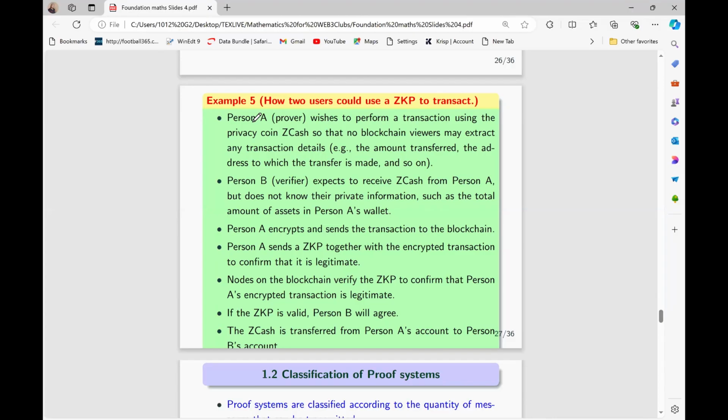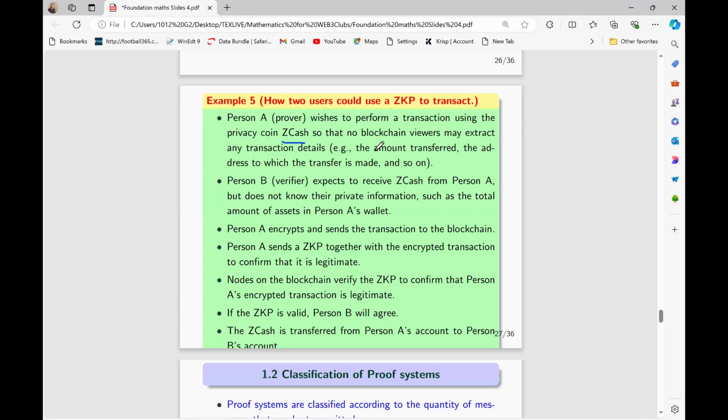So I have two persons here, person A and person B. Person A is the one that wishes to perform a transaction using Zcash, so that this transaction is zero knowledge proof, such that the viewers on the blockchain may not see the details of the transaction. So you know that there are people on the blockchain who are also viewers there. They're not supposed to see the details of the transaction that person A is making.